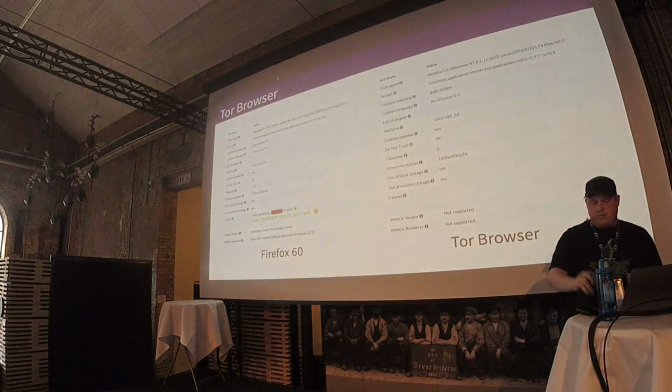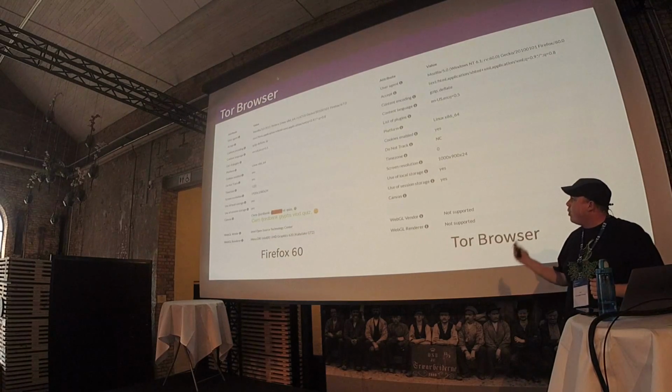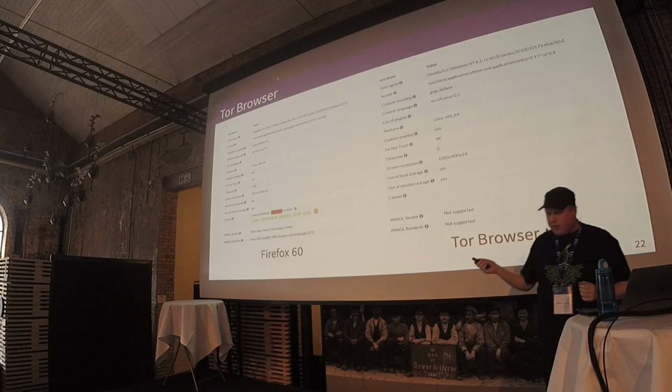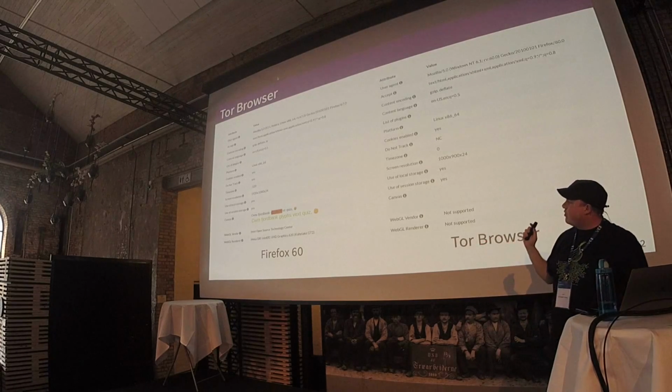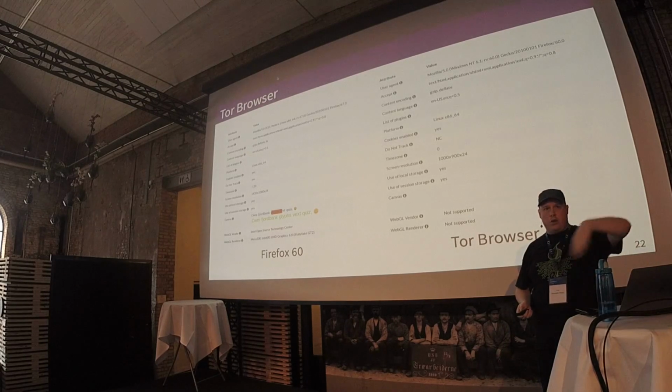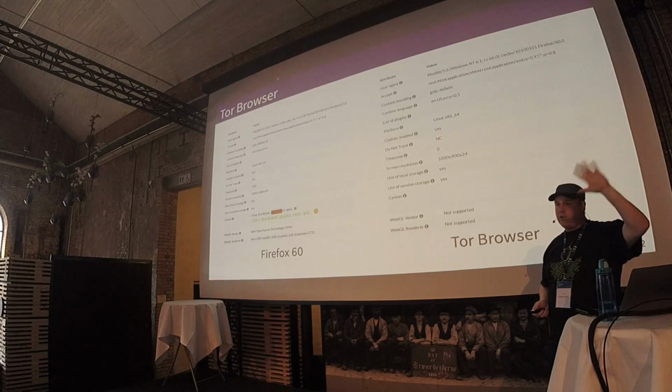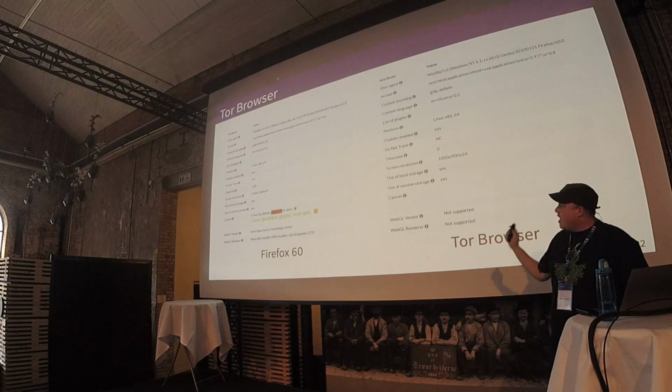Let me see, does this one work? It does. Here we have a normal Firefox, here we have TorBrowser. One of the interesting attacks you can do in a web browser today is with the canvas feature, because the canvas is like this widget you can add to a website, and then you can paint in it, like you can draw things and you can add text. So it turns out that if you have access to text, then you have access to emojis.